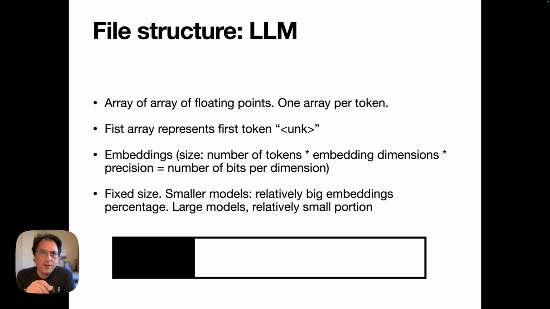One thing to remember is that the embeddings part is always fixed, because you have a fixed number of embeddings and a fixed number of dimensions for these vectors. So for smaller models, the embeddings are usually a bigger portion of the file than the weights, the transformer part.